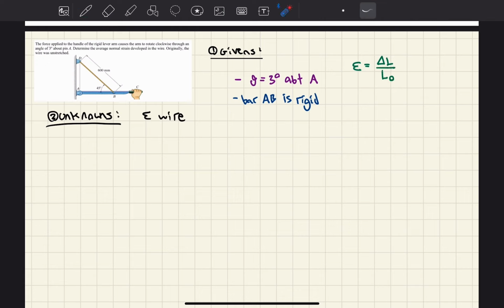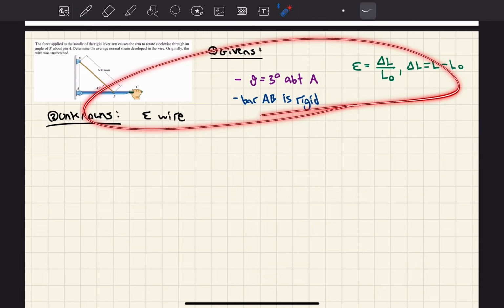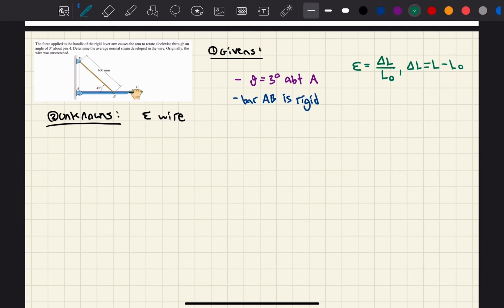So, for example, in this wire, if it extends an extra 50 millimeters, probably it's not 50 millimeters, but if it does, this is our delta L, this is our L naught. So delta L, the change in length, is just equal to the new length minus the original length, okay?